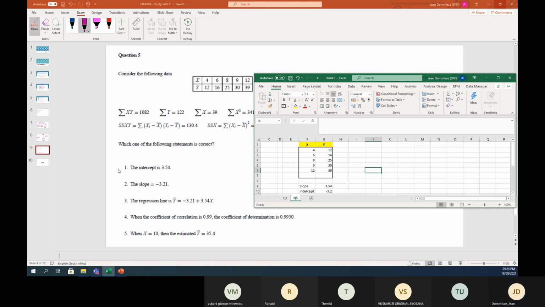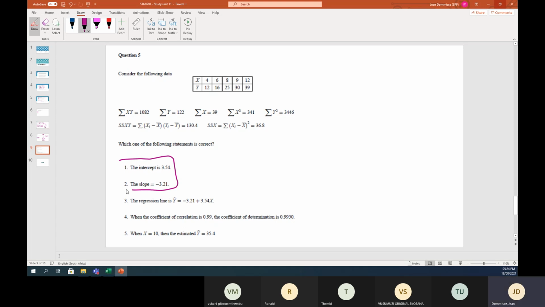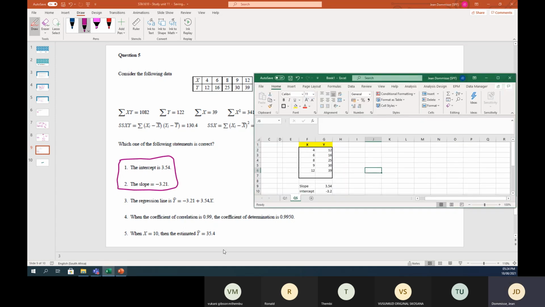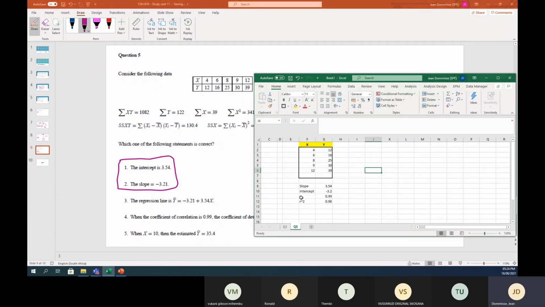Look at those two, how easy it is to make the mistake, because you have your slope and your intercept.